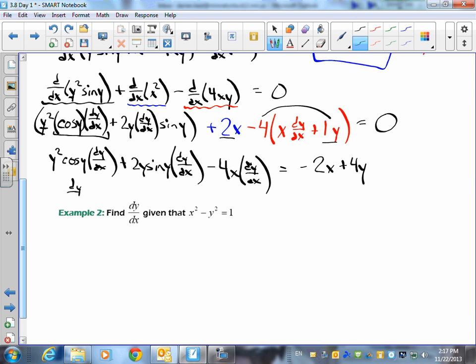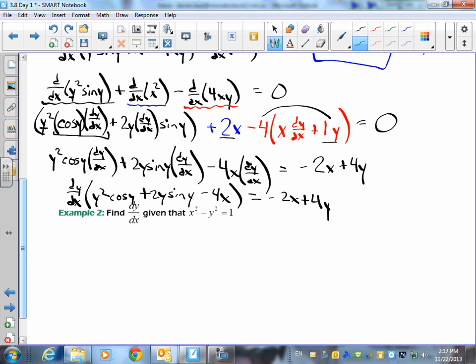So it's dy dx times the quantity, yuck, y squared cos y plus 2y sine y minus 4x. Close parentheses equals this thing. Guys, don't worry about simplifying a whole lot.